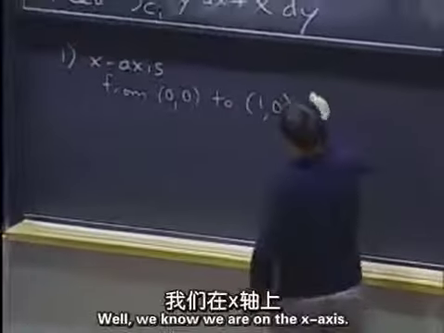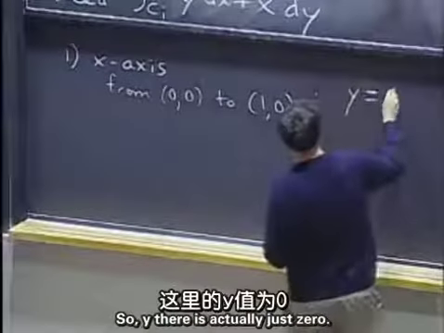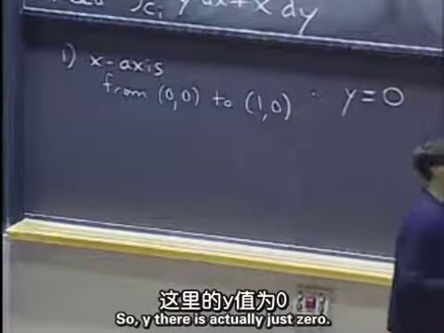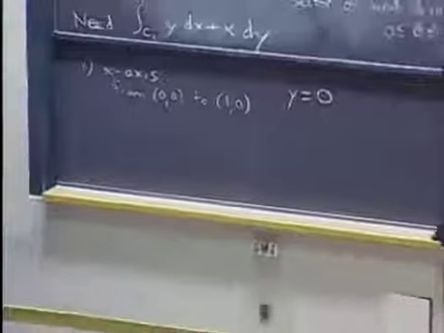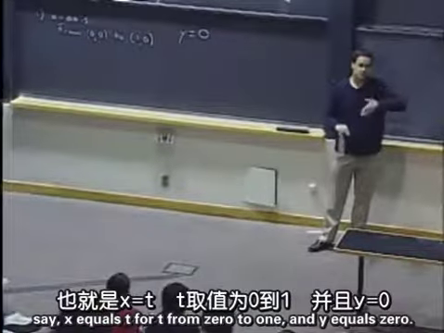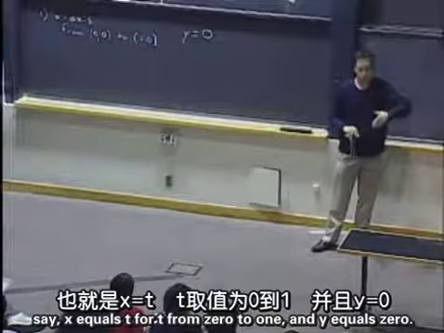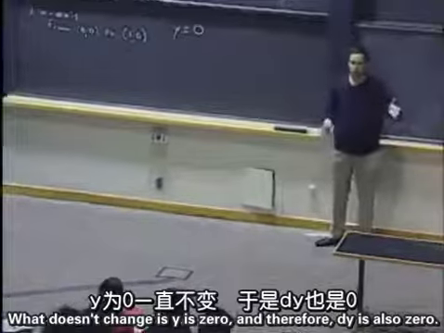Well, we know we're on the x-axis, so y is actually just 0, and the variable will be x from 0 to 1. Or if you prefer, you can parameterize things, say x equals t for t from 0 to 1, and y equals 0. What doesn't change is y is 0, and therefore dy is also 0.